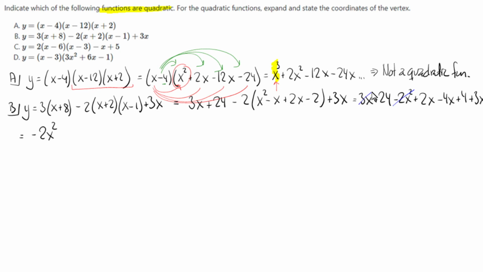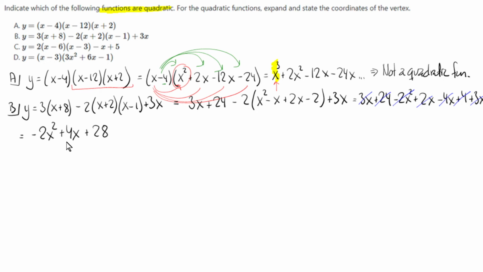So we have 3x plus 2x is 5x minus 4x is x plus 3x is 4x. And then finally the numerical constants. There is 24 plus 4 is 28. So there is our quadratic function.